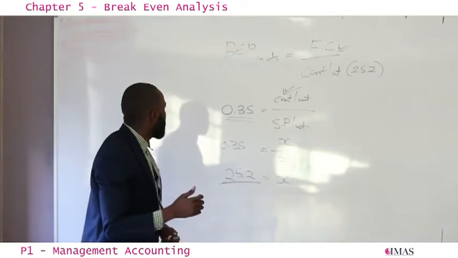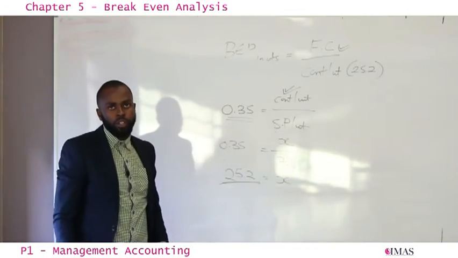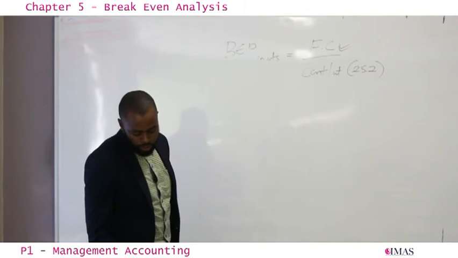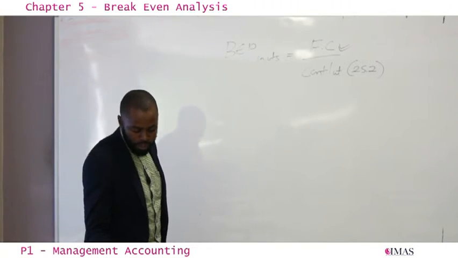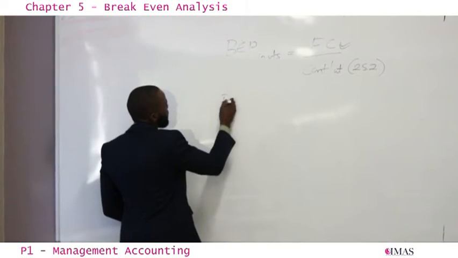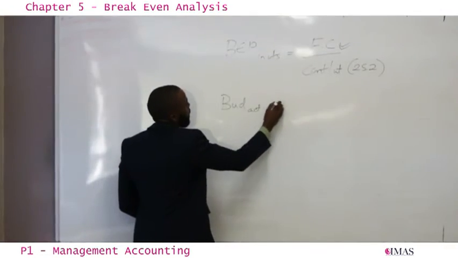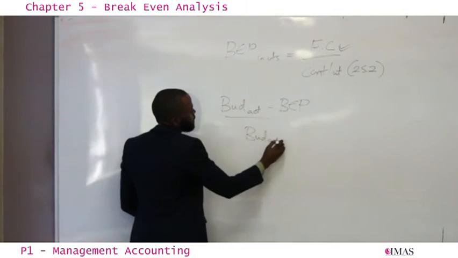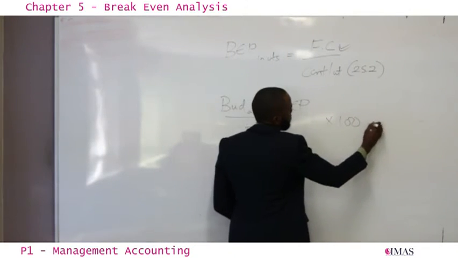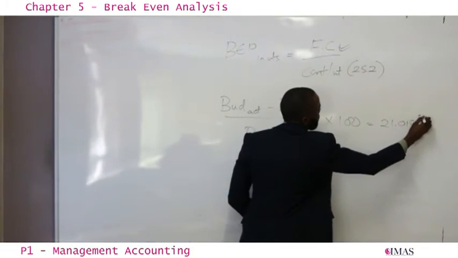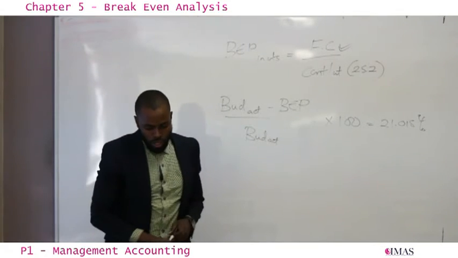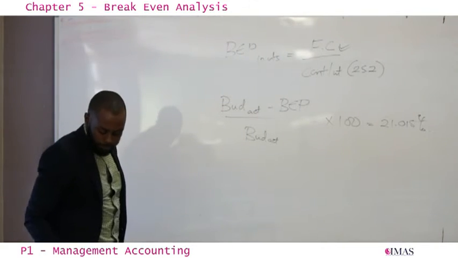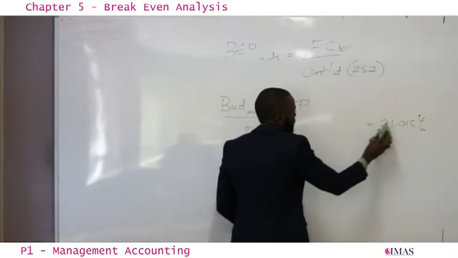Now, next thing that I need to identify is my break-even point in units. So to get to my break-even point here, in this question we're given the margin of safety. We know margin of safety is your budgeted activity minus break-even point activity divided by budgeted activity times 100, or 21.015%. But here our margin of safety, we can convert it to a decimal, then we can remove the 100 to make it easier on us.